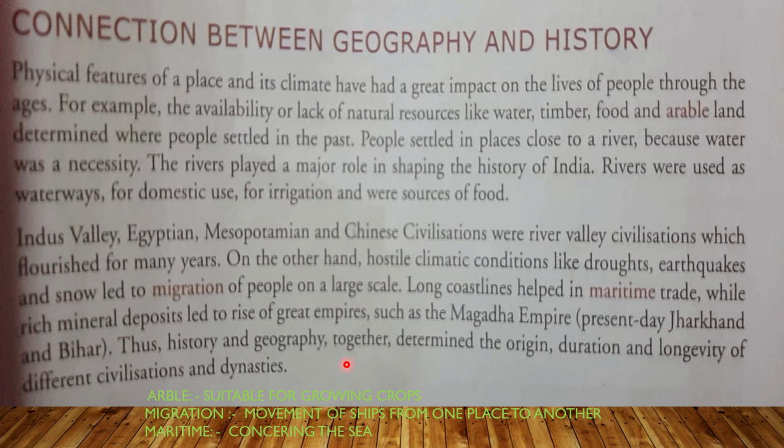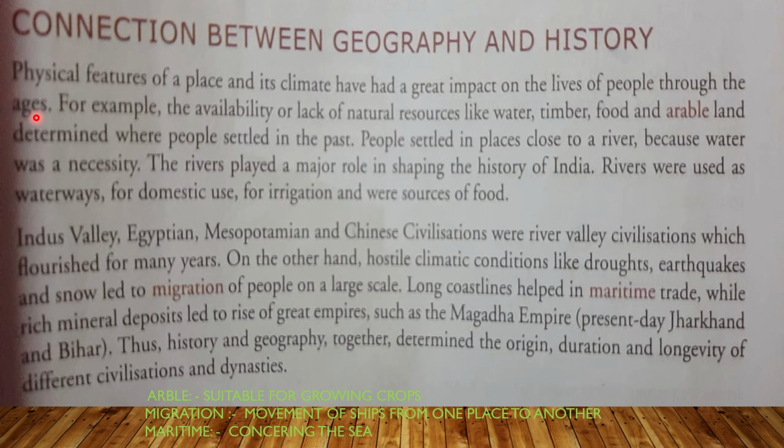Next we'll go to the connection between history and geography. Physical features of a place and its climate had a great impact on the lives of people through the ages.